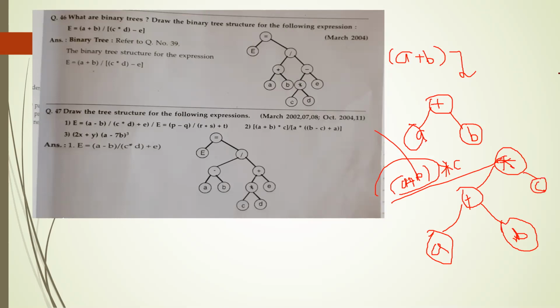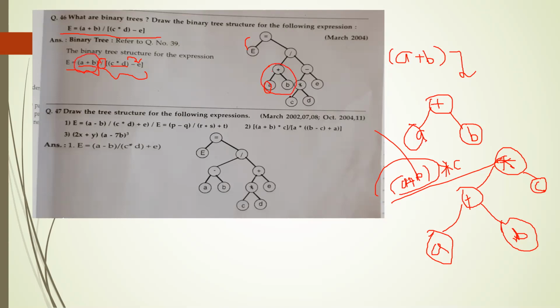So consider this example, A plus B divide C into D minus E. First of all, we add these two numbers A plus B. After that, C into D minus E, and then divide this with A plus B. Equation is E equals to, here first is A plus B. A plus B is first bracket complete.